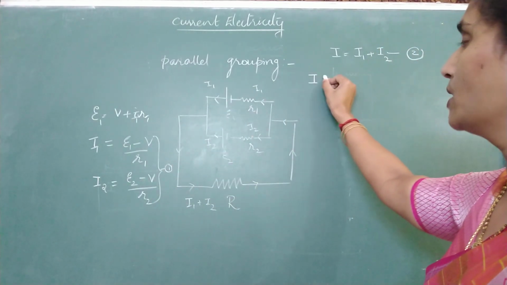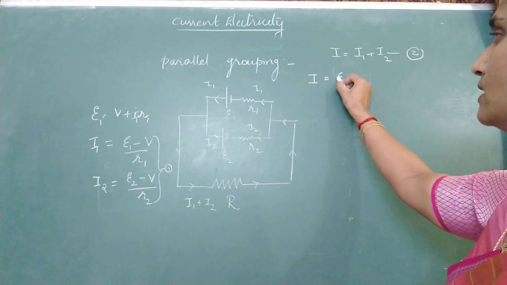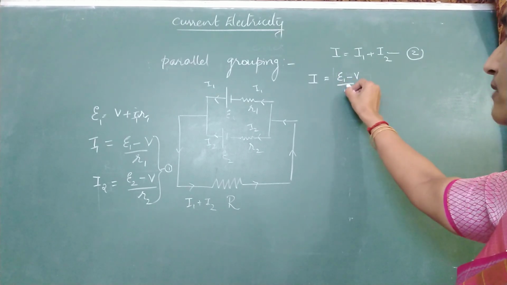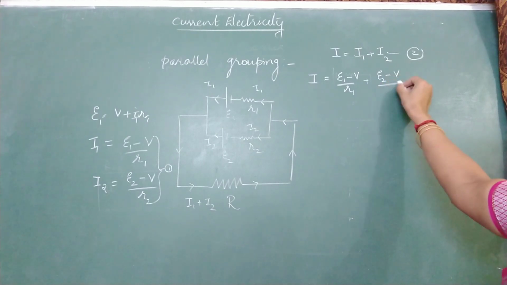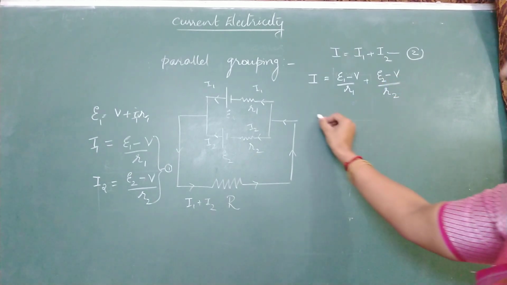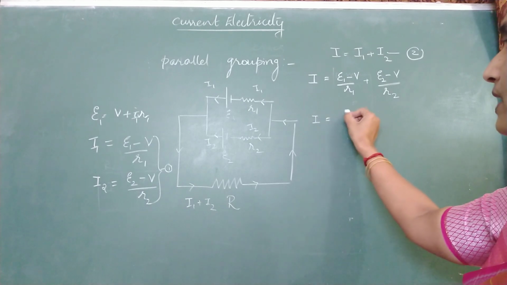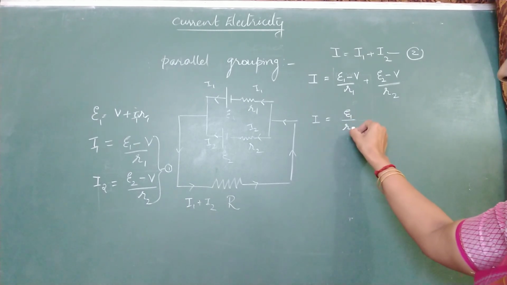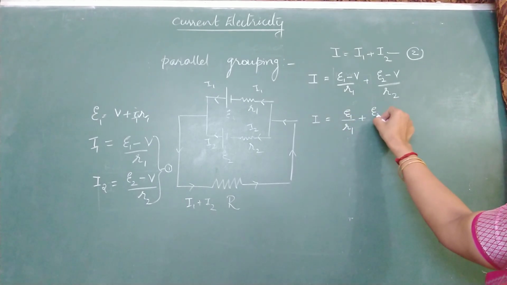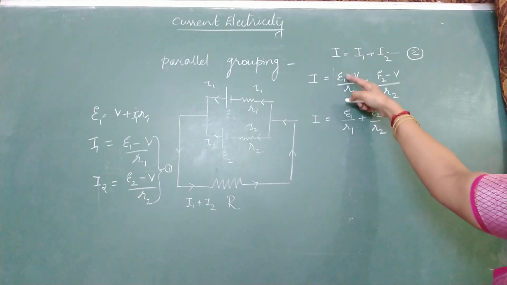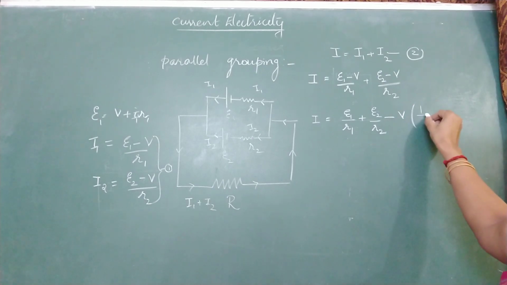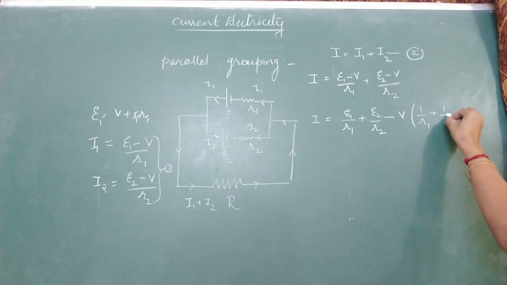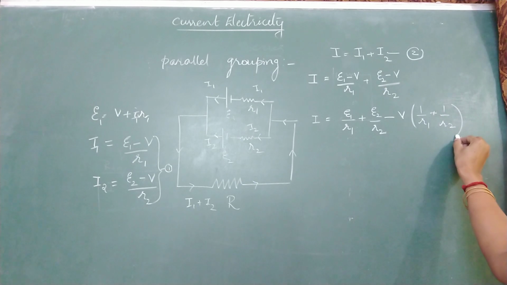What will your current come out to be? I is (E1 minus V) by R1 plus (E2 minus V) divided by R2. Or I is equal to E1 by R1 plus E2 by R2, writing the E's together, minus V taken common, times (1 by R1 plus 1 by R2).